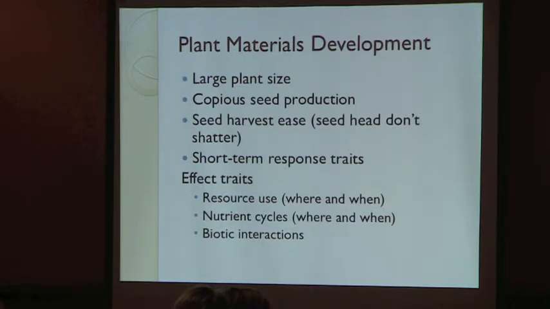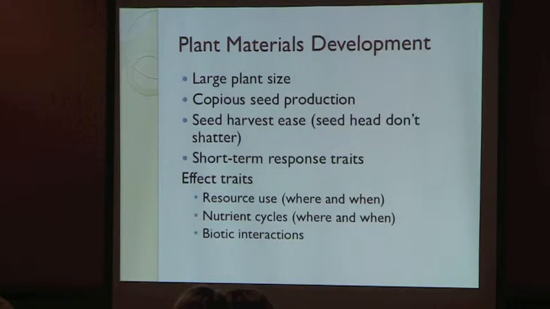So there's been a lot of attention lately towards analysis of effect traits rather than simply response traits. And so effect traits are not how the system influences the plant so much, but how the plant influences the system. And so if we want to develop weed-resistant communities, this really becomes important.